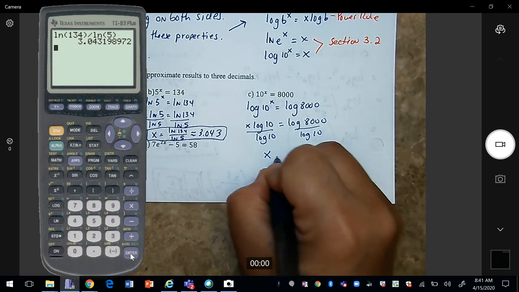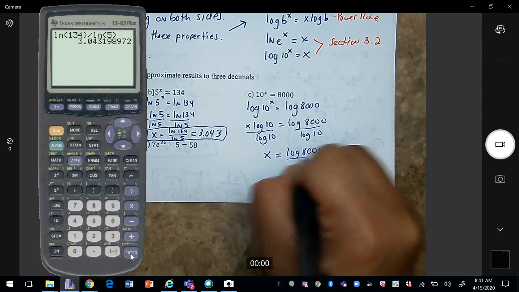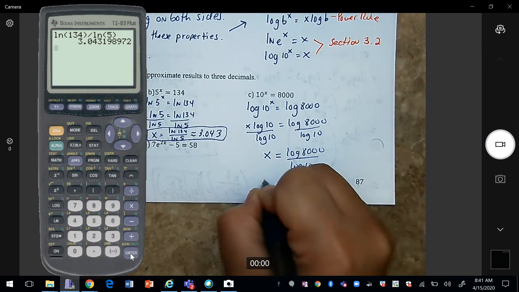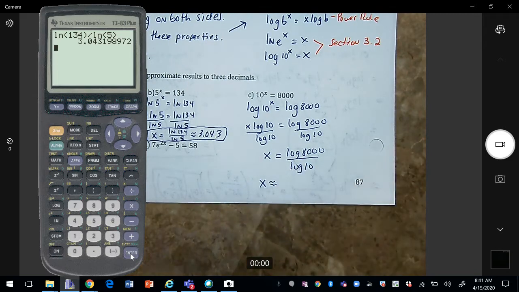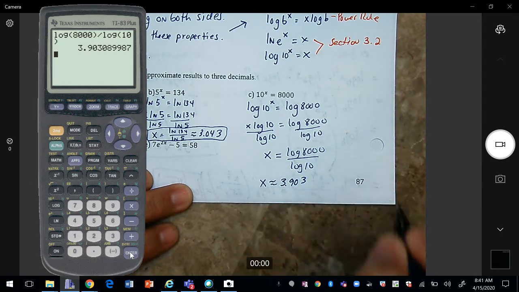Until we get x is equal to log 8,000 over log 10. That's your exact answer, the approximation is 3.903.